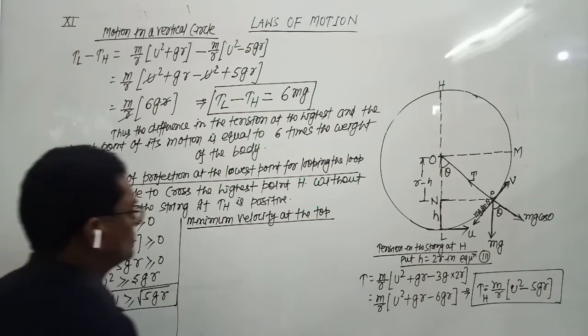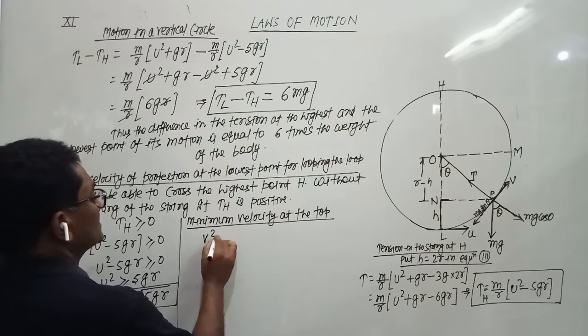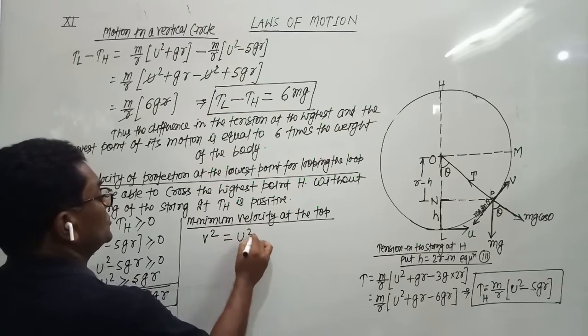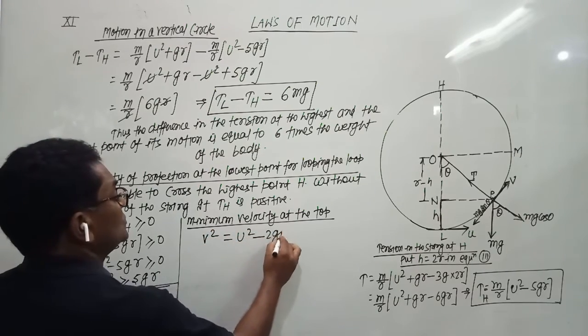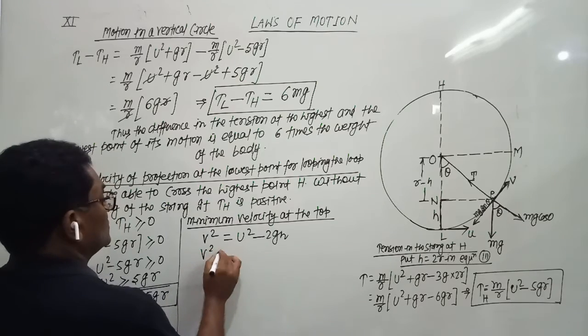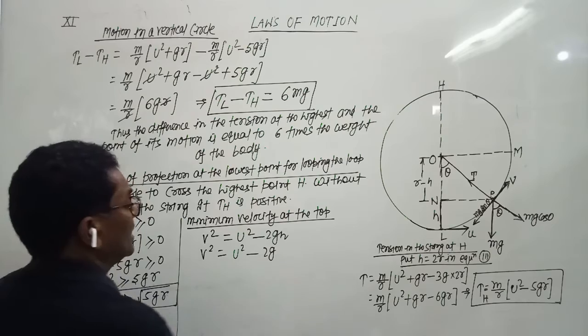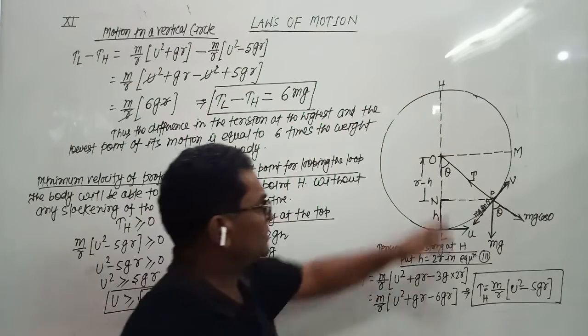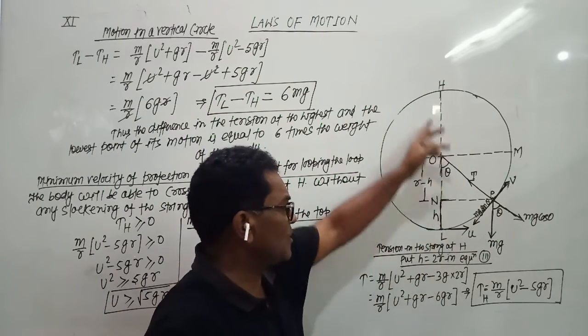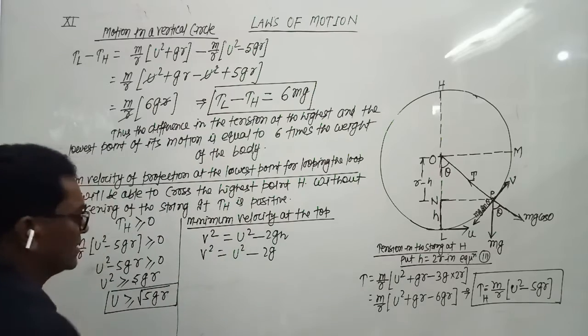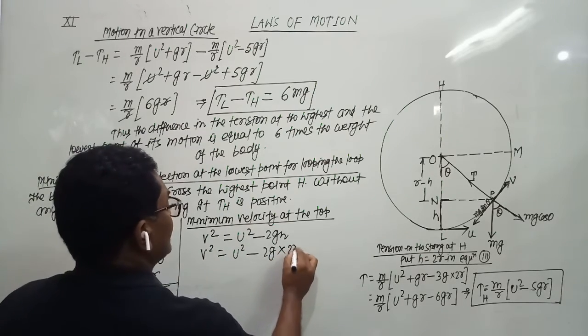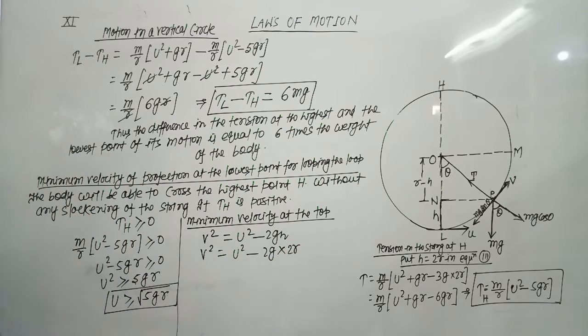And for this we use the formula v square equals u square minus 2gh. So v square equals u square minus 2g, and the value of h at the highest point is written as 2r. So 2g and the value of h is taken as 2r.